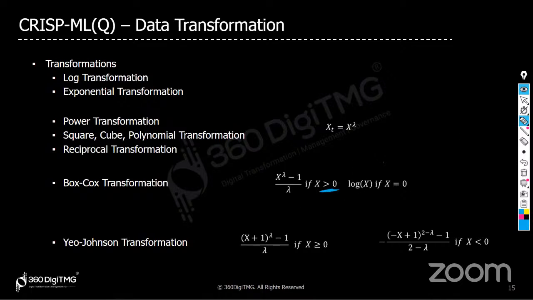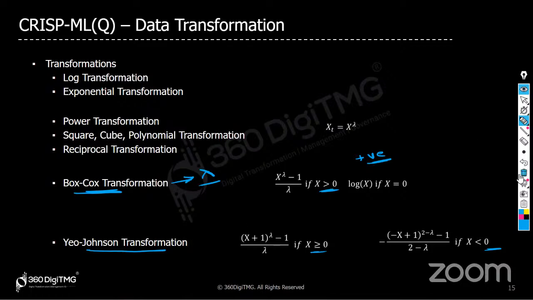When the values that you're working with are positive, then you can go for Box-Cox. But when you have positive, negative, and 0 values also, you can't go for Box-Cox transformation. Instead, you can go for Yeo-Johnson's transformation. Here, there will be a change in lambda, which is the power. So when there are positive values, you can go for Box-Cox. When you have positive, 0, and negative, you can go for Yeo-Johnson's.